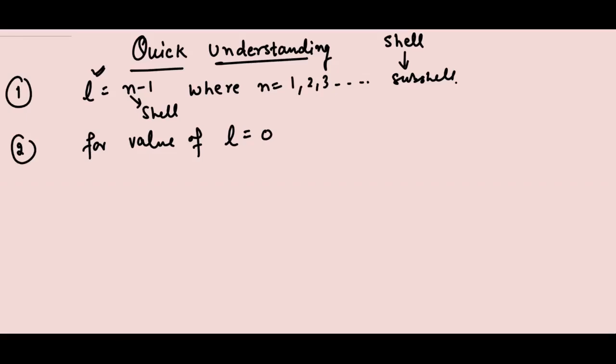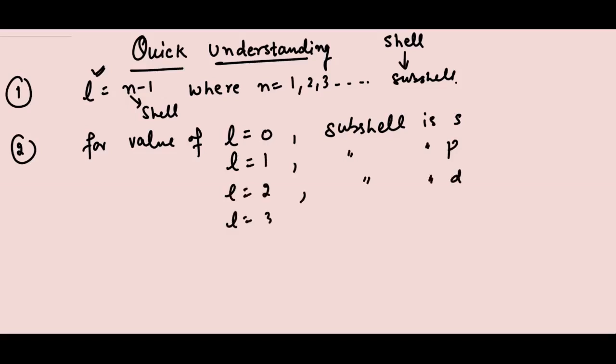So if the first value of n is 1, then the first value of L should be 0. When the value of L is 0, the subshell is s. When the value of L is 1, the subshell is p. Similarly, 2 is subshell d, 3 is subshell f, and 4 is subshell g.